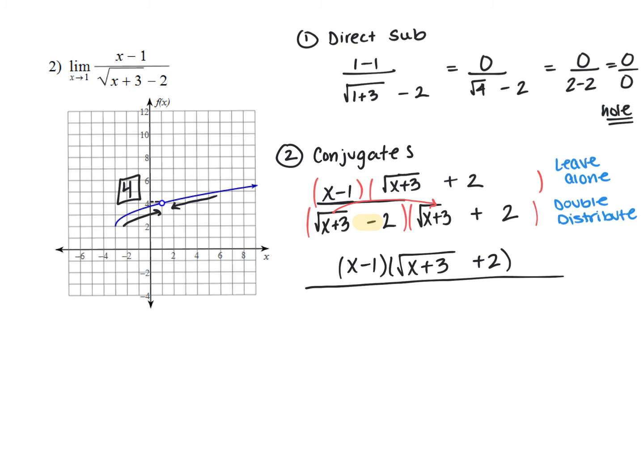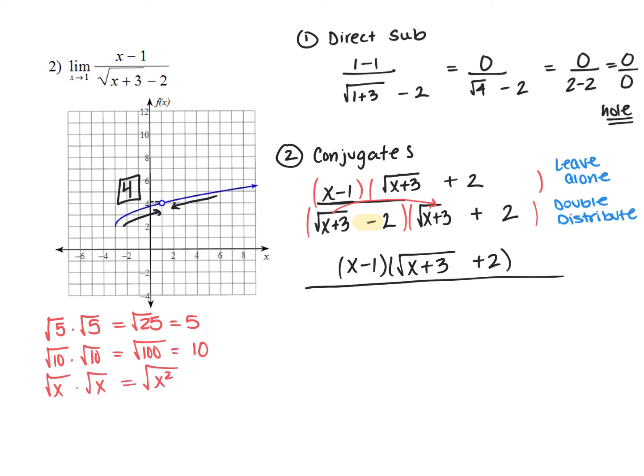So this one, you kind of have to know something about radicals. So let's just say I gave you rad 5 times rad 5. We know that that's rad 25, which will reduce to 5. If I gave you rad 10 times rad 10, we know that that's rad 100, which reduces to 10. If I gave you rad x times rad x, we know that that's rad x squared, which reduces to x.